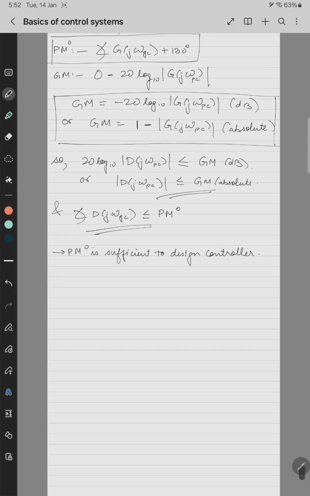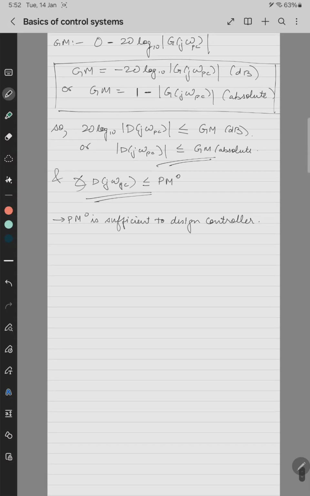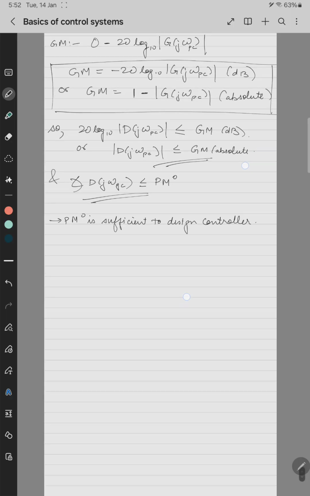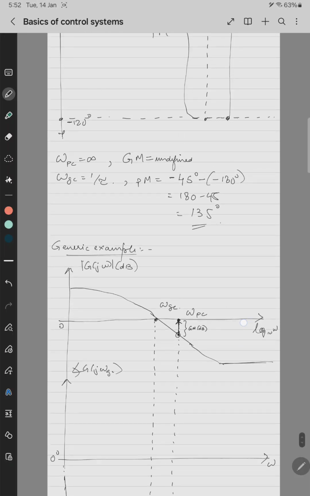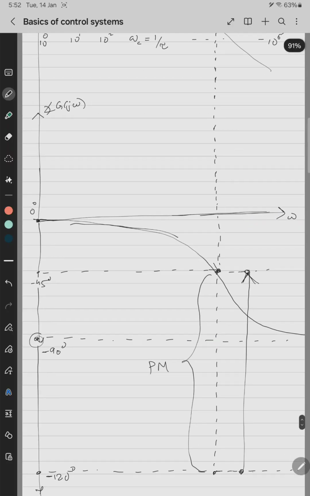Why? Because the phase plot may or may not go up to 180 degrees. Now what is the thing that shifts the graph vertically? Let's say this is the phase graph. What will shift this graph up and down?